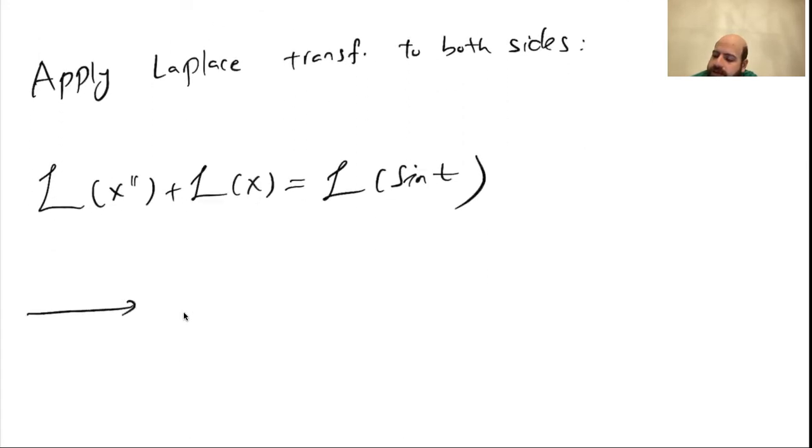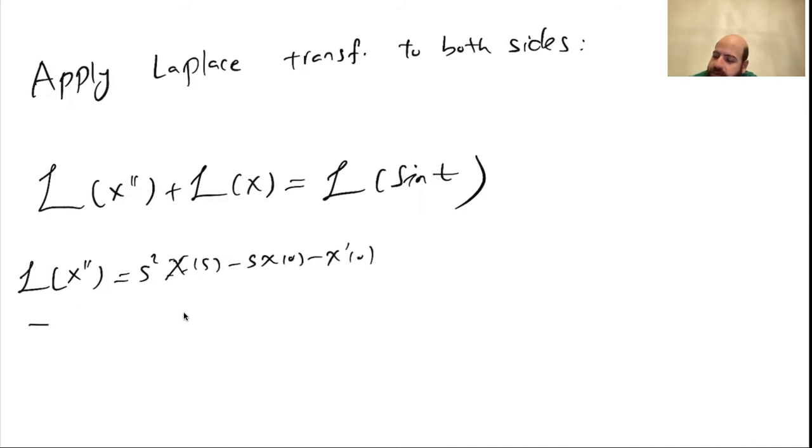And now Laplace transform x double prime will be s squared capital X of s, where I call capital X of s the Laplace transform of small x, minus s x of 0 minus x prime of 0. But x of 0 and x prime of 0 are both 0 according to my assumption. So this is s squared capital X of s.